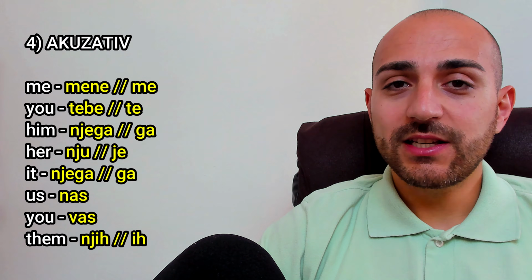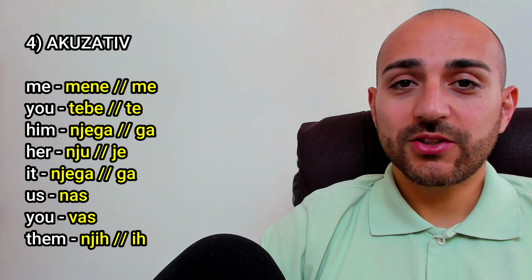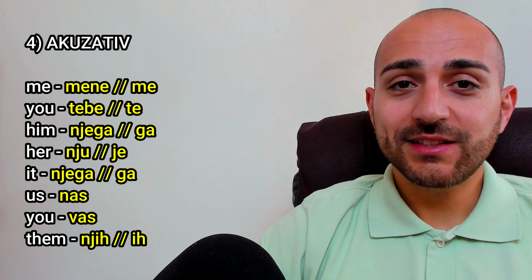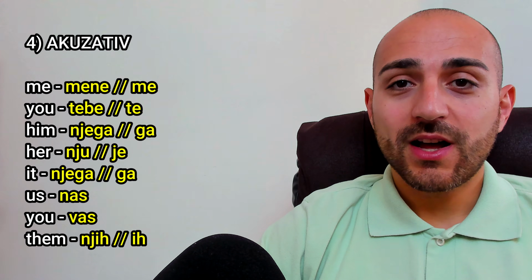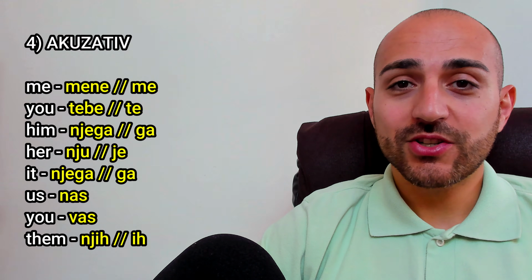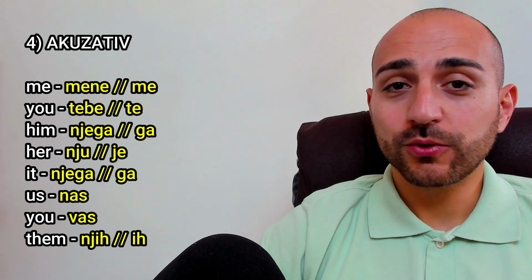Them, njih, or ih. So obviously there is a long form and a short form. They hold the same meaning. They are interchangeable. I would say that we normally use the short form. The long one is just for emphasis. Notice that we only have one form for us and you plural.